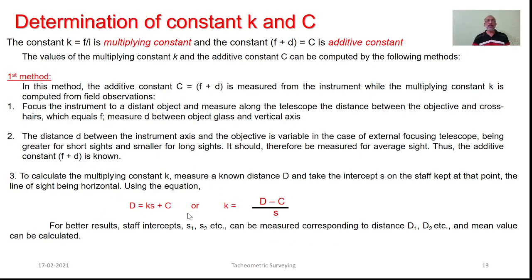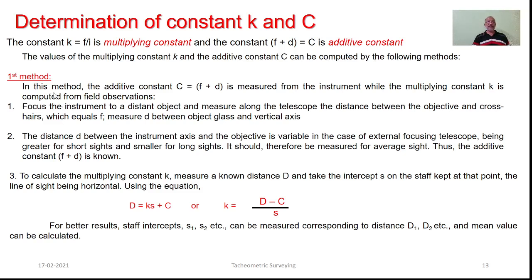So, for a given equipment, as we just discussed, this K is nothing but the multiplying constant expressed as f by i, whereas this f plus d is the additive constant. For a given equipment, the values of K as well as C can be easily determined by performing these two methods.